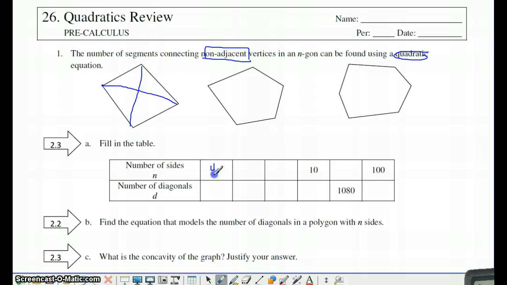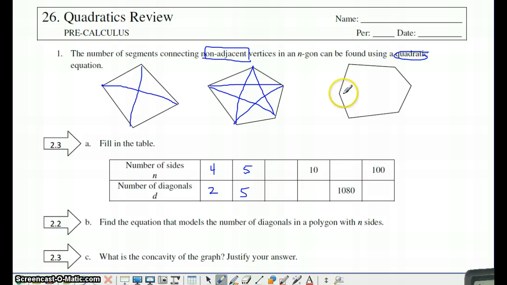So 4 sides, number of diagonals 2. Here I would have 1, 2, 3, 4, 5, and that one's it. So 5 diagonals, and there are 5 sides there.